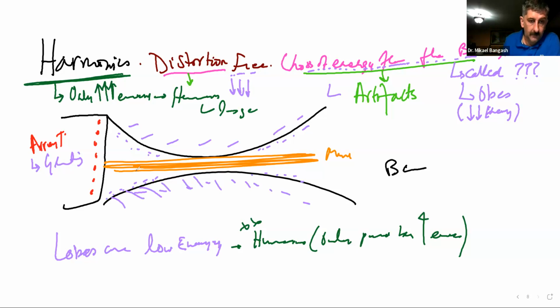But generally, compared to the overall energy of the beam, what becomes lobes is mainly low energy, whereas harmonics is only going to be produced by high energy.